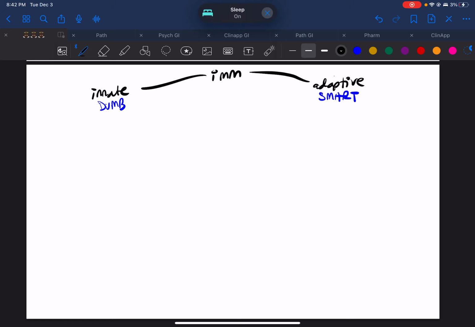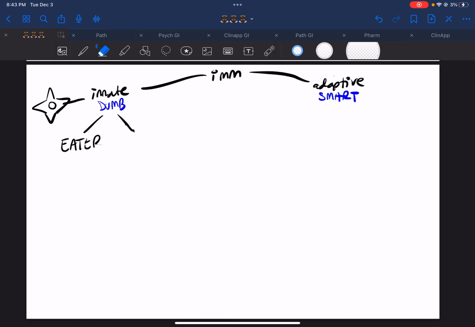With innate, what's it all about? I guess you have complement, but that's kind of on the side. Other than that, innate is basically about antigen presenting cells.